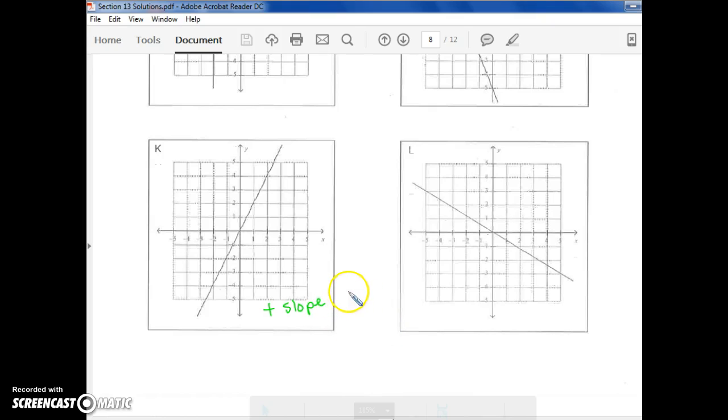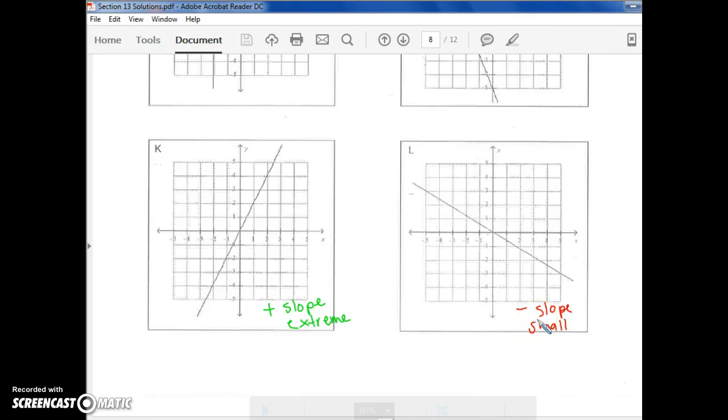And it does look like it's fairly steep. So I'm going to call that one extreme. And L is a negative slope. It's falling. Not sloping, but slope. There we go. Falling as we move left to right. And L, in this case, looks like a small negative.